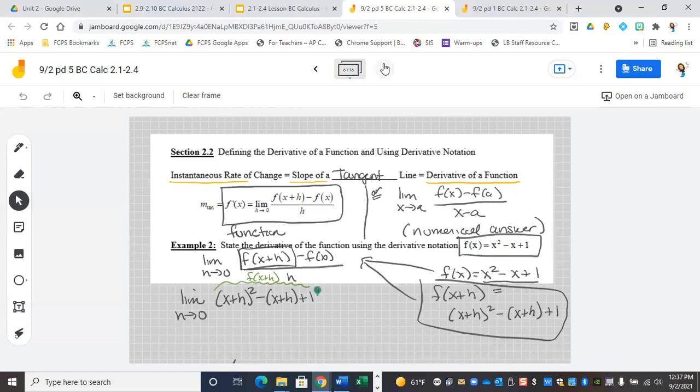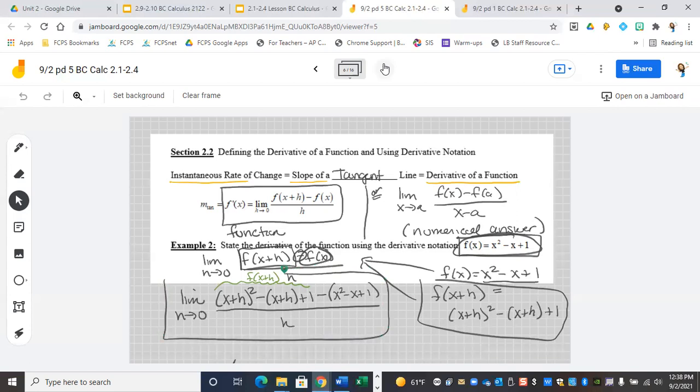Minus. Again, it's following a subtraction sign, so open up a set of parentheses. Your f of x. Remember, your f of x is the original equation. And it's all over h. And that's all you need to do using the derivative notation. So all of this is your final answer.